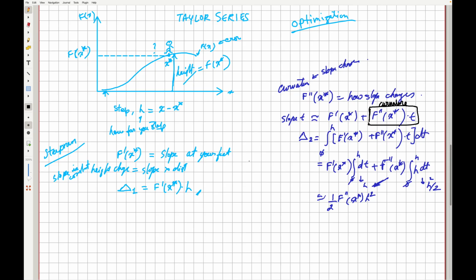And so the curvature contributes to this part. And I've omitted this, so this would be right here. So this would be simply f dash of x star times h plus this. So this is where the 1 half comes from. It occurs naturally when we integrate. So curvature affects the height quadratically and not linearly.